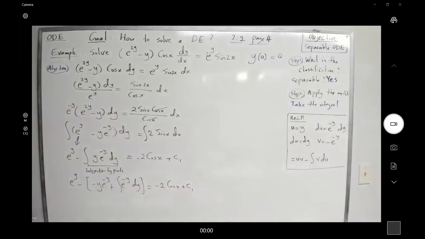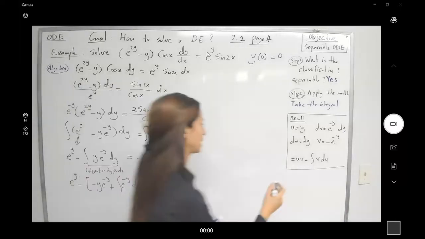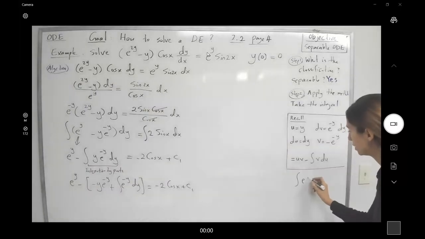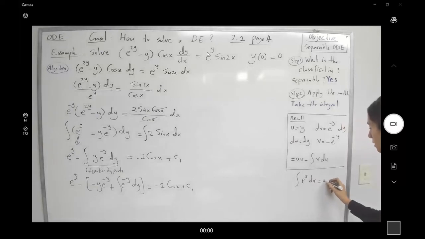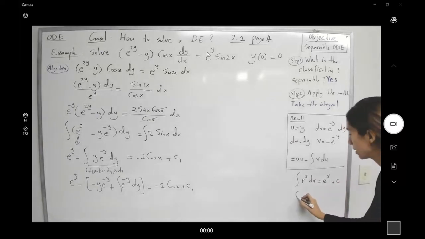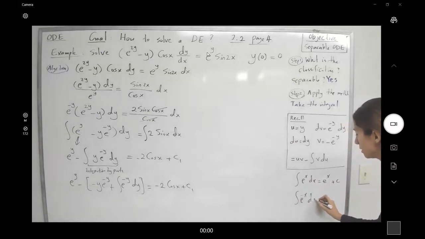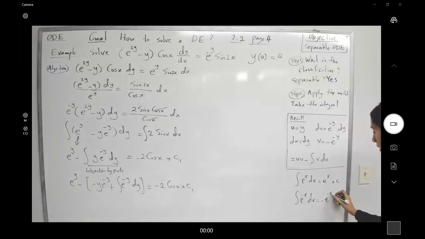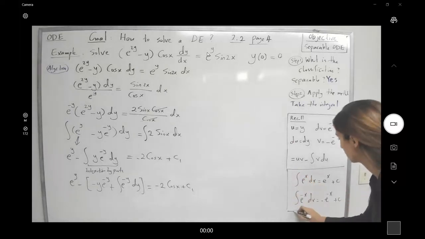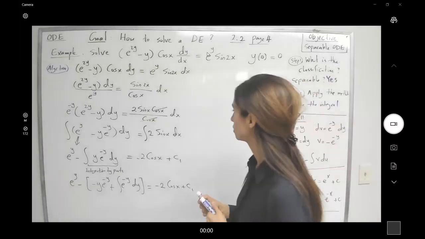Very well. So this integral is easy. Remember that the integral of e to the x dx is e to the x. The integral of e to minus x dx is minus e to minus x plus c. Very well. So let's write down.